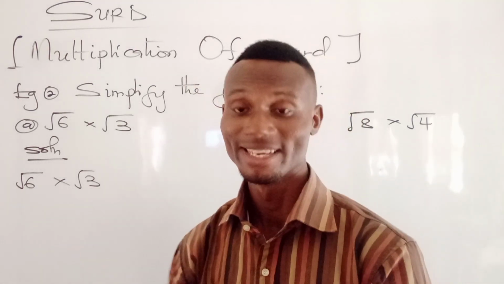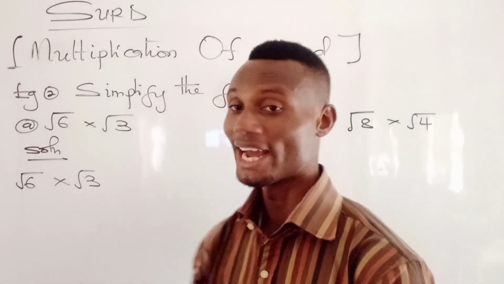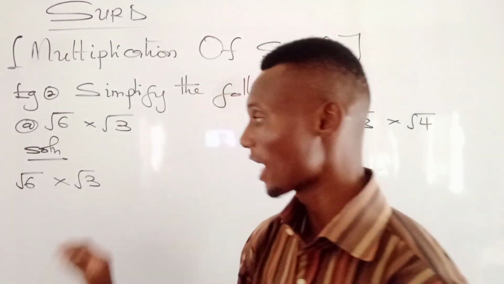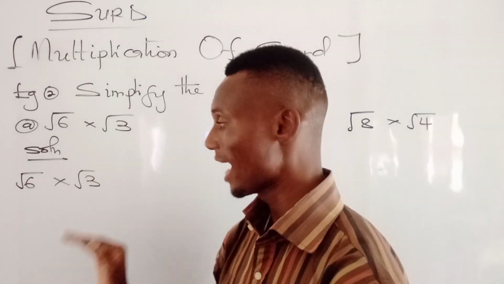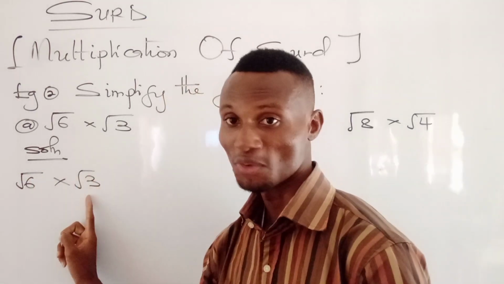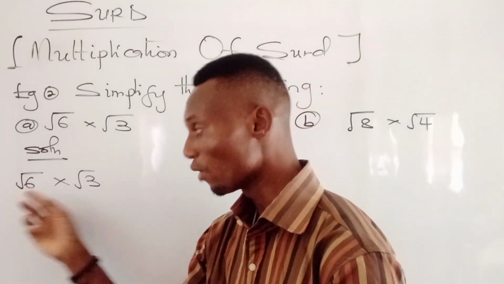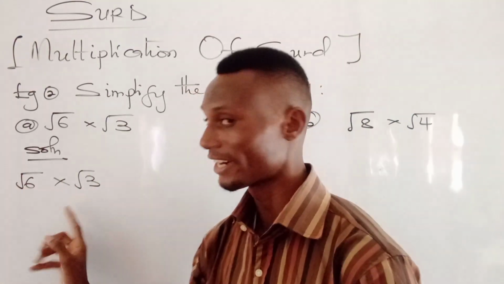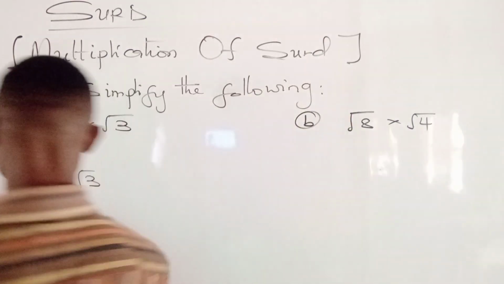We learned this in the first video, that's why I'm encouraging you to watch it, I've done a detailed explanation on it. Because this one has a square root sign and this also has a square root sign, and we are multiplying, both values, the 6 and the 3, will come under one square root sign, and this is how you go about it.